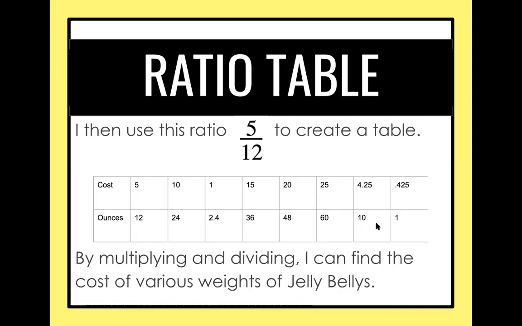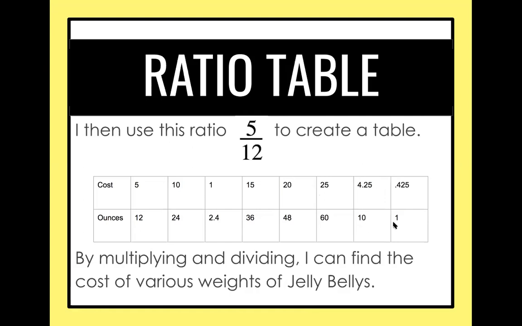Now, if I only wanted to get 10 ounces of Jelly Bellies, I can divide that 60 by 6 to get 10 ounces. But if I do it to the denominator, I have to do it to the numerator. So 25 divided by 6 would give me 4 25/100. So 10 ounces of Jelly Bellies would cost $4.25.